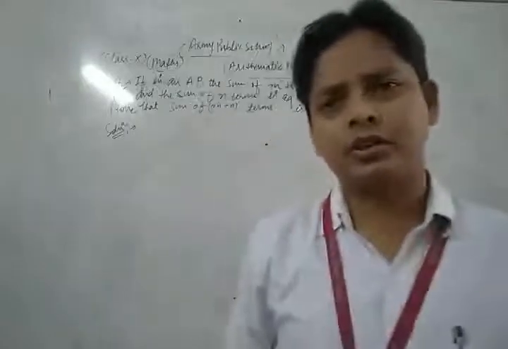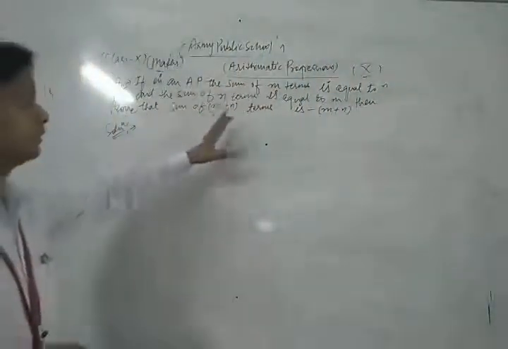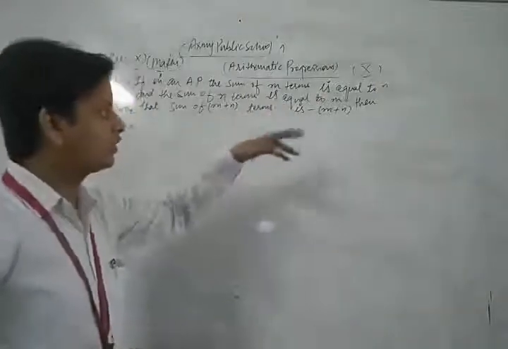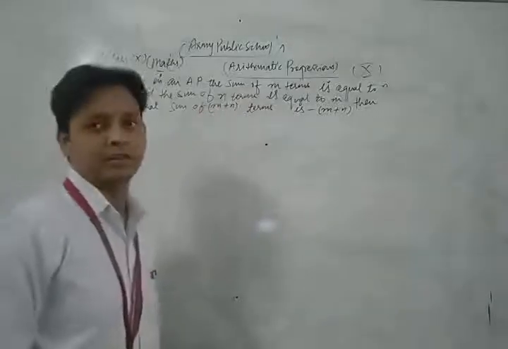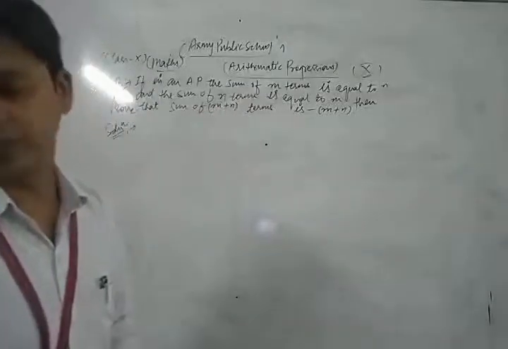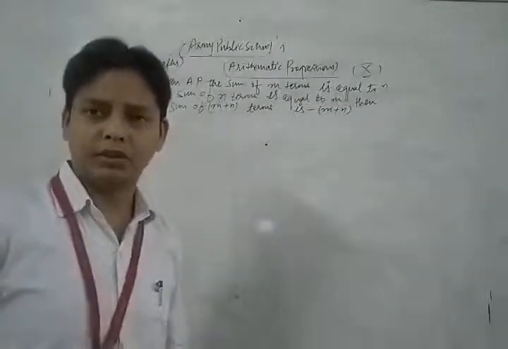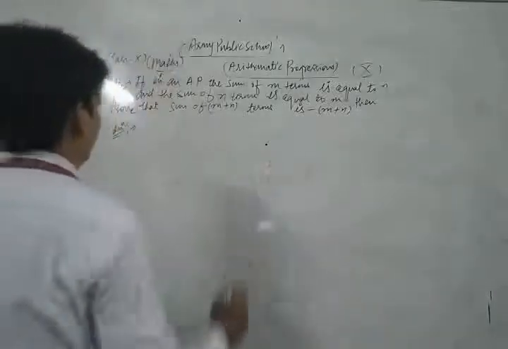This is the question. If in an AP the sum of m terms is equal to n and the sum of n terms is equal to m, we have to show that the sum of m plus n terms is minus (m plus n). In this type of question, first of all, we form two equations and simplify them.